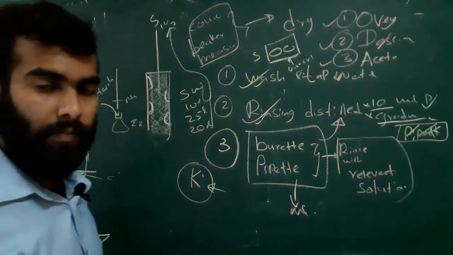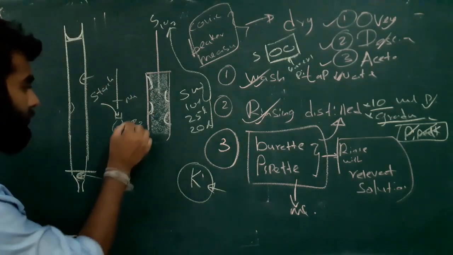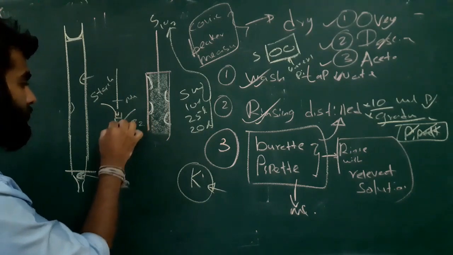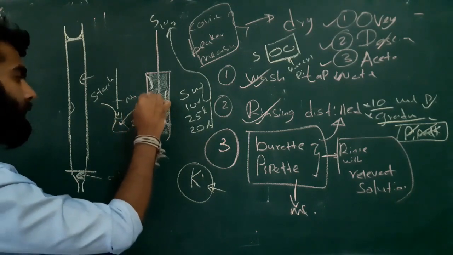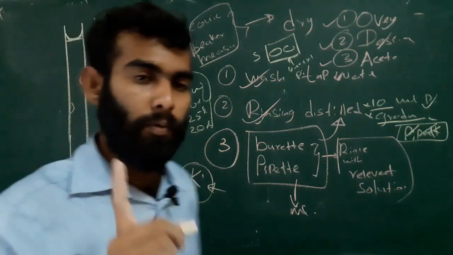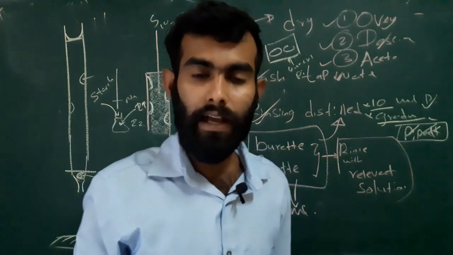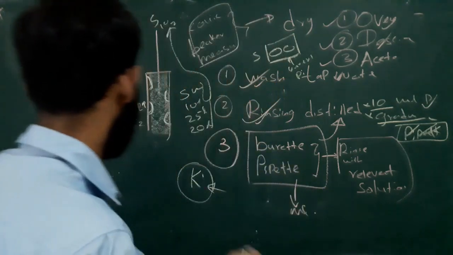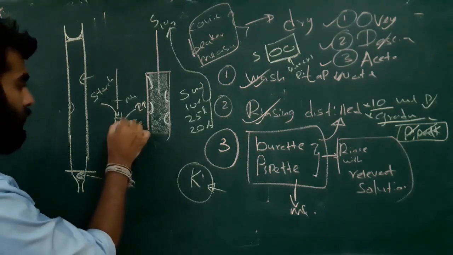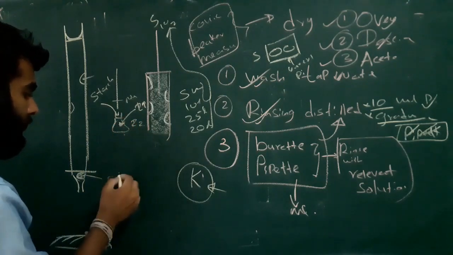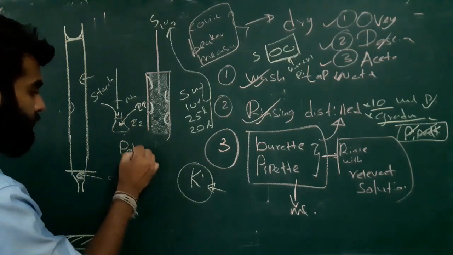as the indicator. Initially this reaction mixture will contain a high amount of iodine. So initially we do not add starch as the indicator. So we allow the solution to come to a pale yellow color.